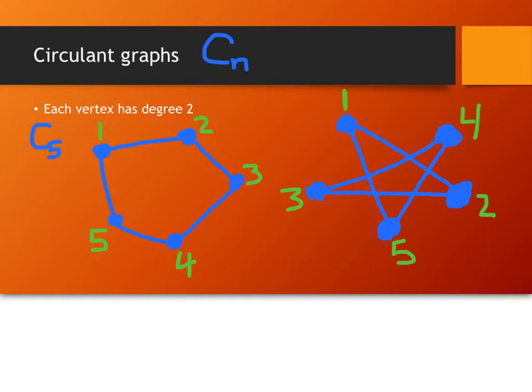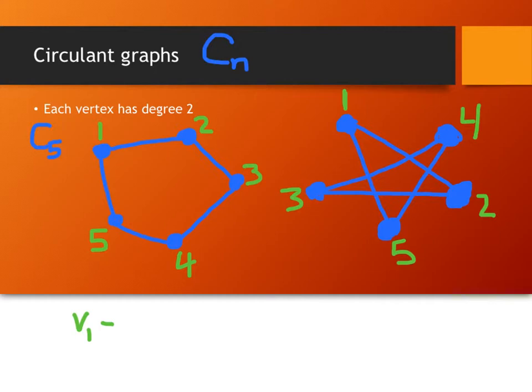Okay? Now, it turns out that Hamilton paths and Hamilton circuits aren't too awfully interesting on circulant graphs because really there's only one Hamilton path and one Hamilton circuit from any vertex. For instance, if I started at vertex 1, I'll write the V1, you can either go around clockwise or counterclockwise from the figure on the left.